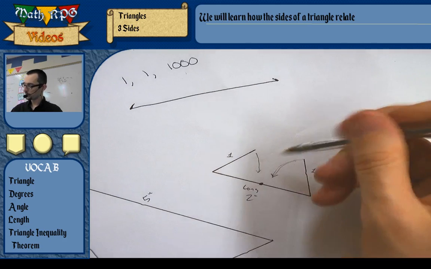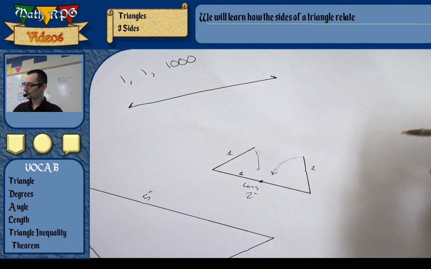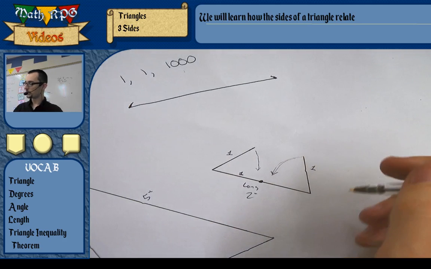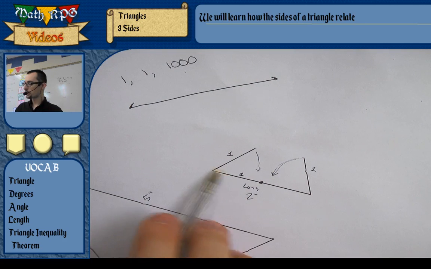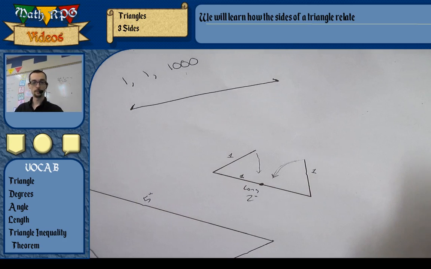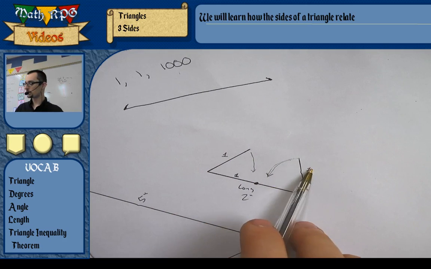Because this was 1 inch, and it would go halfway across. And this guy would also swing down, and he would come exactly to the middle. So I would end up with this line that's 2 inches long, with another line that's 1 inch here, another line that's 1 inch here, but it wouldn't be a triangle. It would just be a line, right? So it couldn't be 1 plus 1 and 2, right?